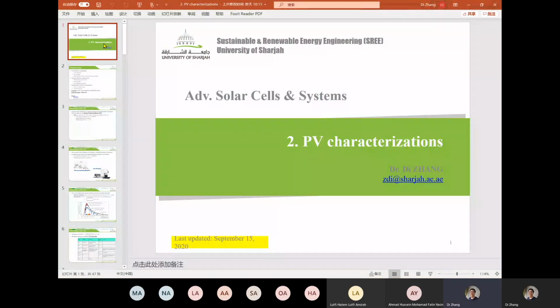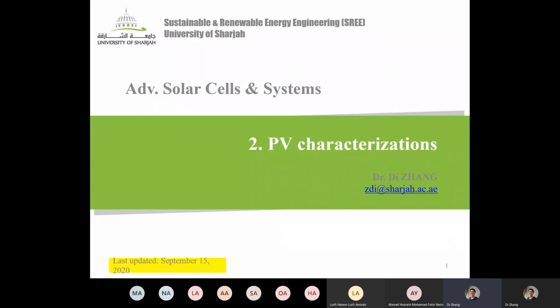In this chapter, most of the things we discuss will be new stuff, new things that we didn't cover back in Solar PV. I actually prefer this chapter because I think it opens up your vision of what we can do with the solar cell, with the solar PV.